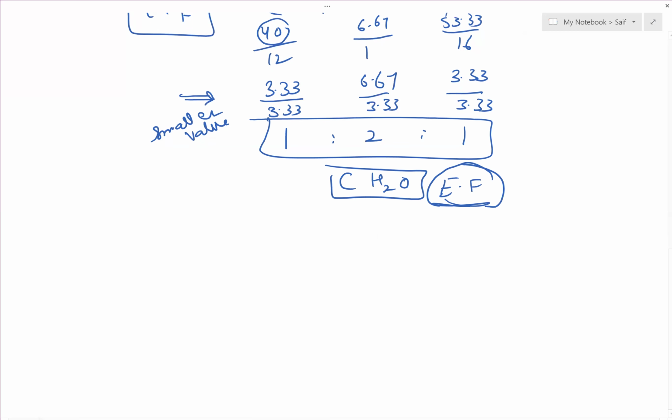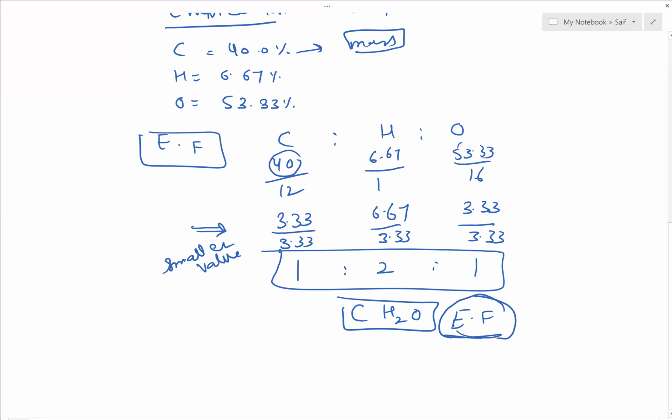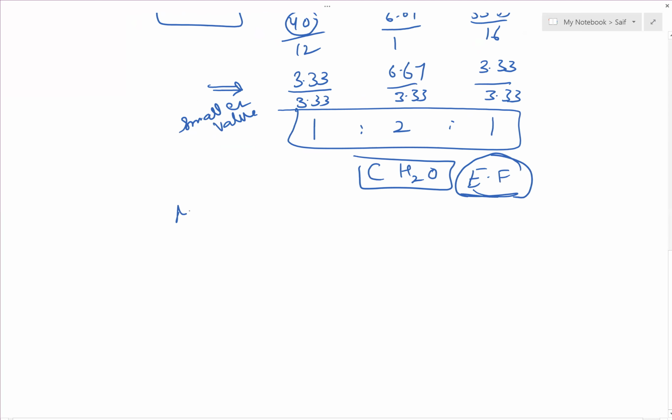Now, along with this, you have to find the molecular formula. For the molecular formula, you will be given the mass. Let's suppose that mass is 62.